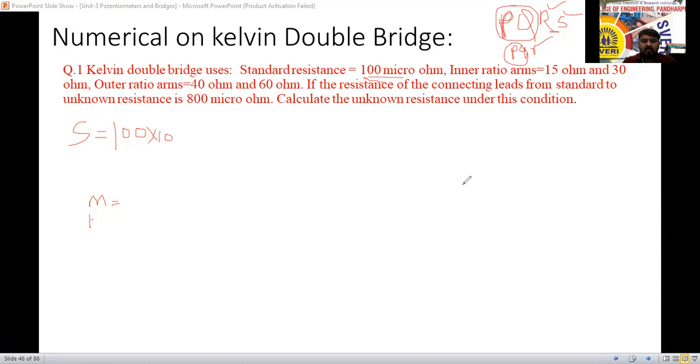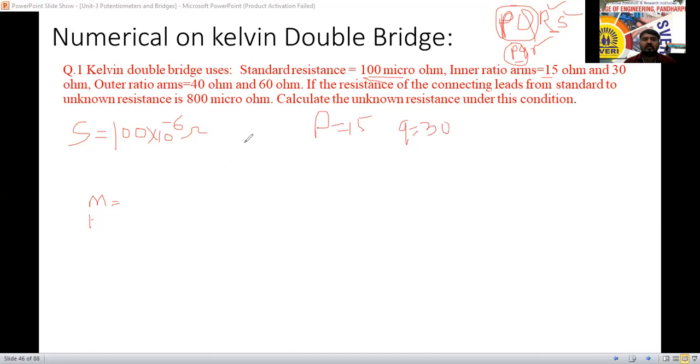Micro means what is the 10 to the power of? -6. Very good. So that is 10 to the power of -6 ohm here. Then the inner arm ratios: inside constant resistances, small p and small q. Small p equals 15, and small q equals 30, take it down.